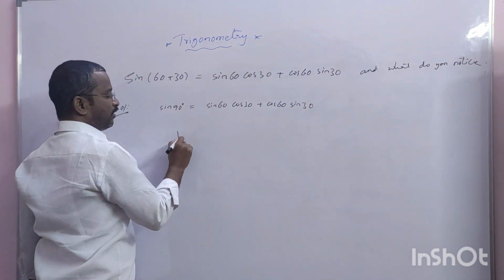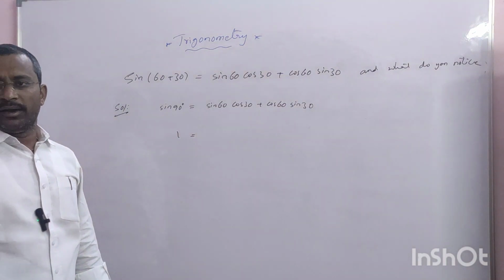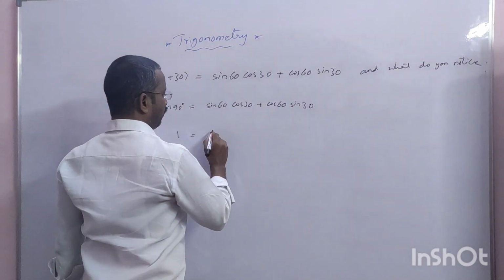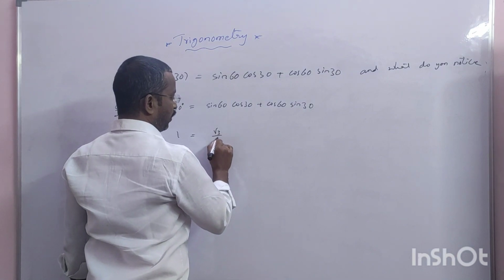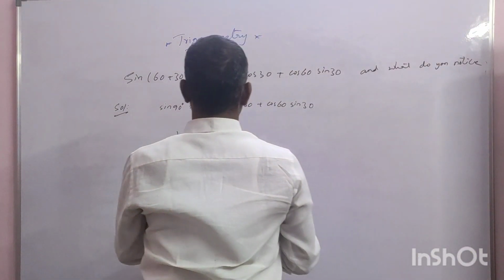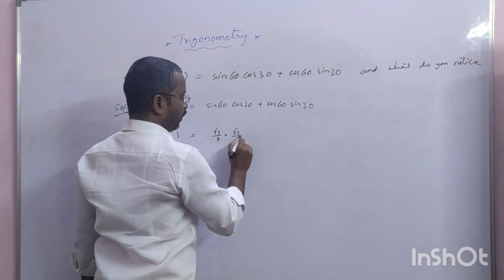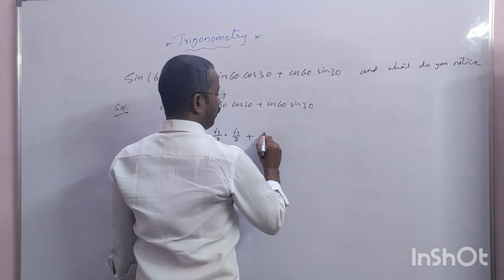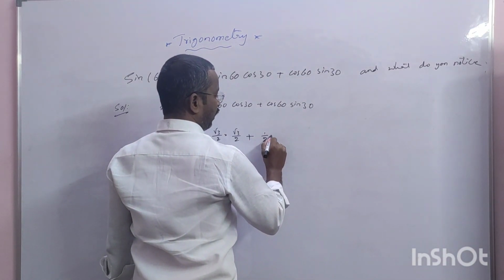What is the sin 90 value? 1. What is the sin 60 value? Root 3 by 2. Cos 30 value? Root 3 by 2, plus. Next, cos 60 is 1 by 2.